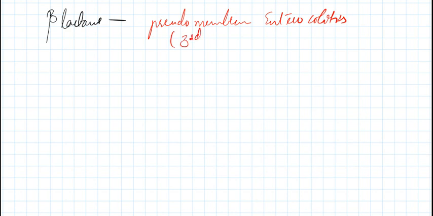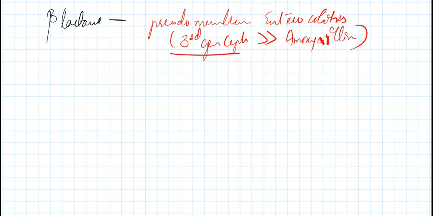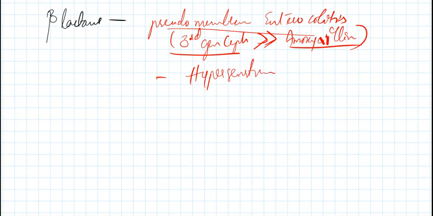In beta lactams, third generation cephalosporins cause this condition more prominently than amoxicillin. Amoxicillin also causes it, but cephalosporins, mainly third generation, most commonly cause pseudomembranous enterocolitis. And beta lactams also cause hypersensitivity. Okay, now we come to cefoperazone.